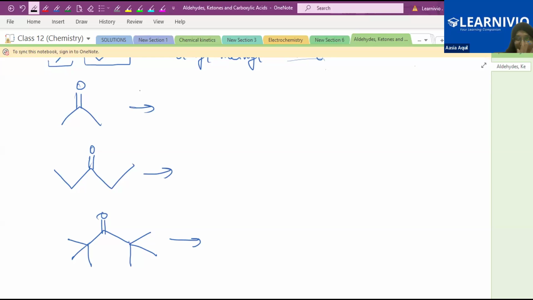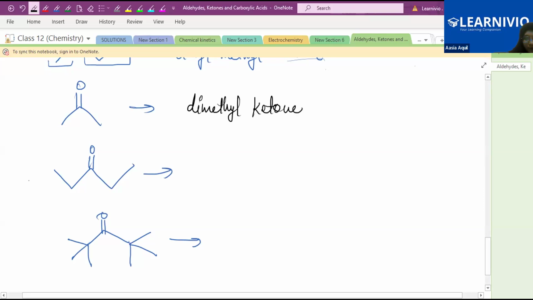Both sides there is a methyl group, so it is dimethyl ketone. Methyl and methyl, both sides the methyl group is present, so it is dimethyl ketone. Next, Muniba. Diethyl ketone. Yes. And the last one?